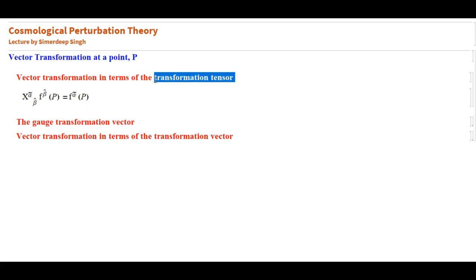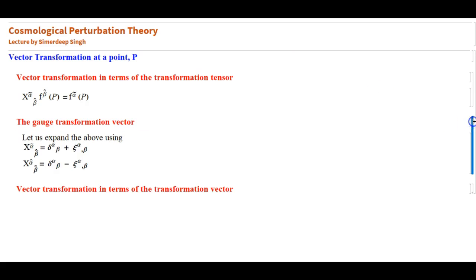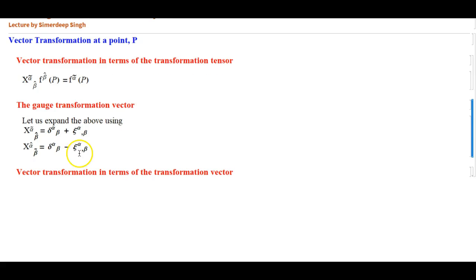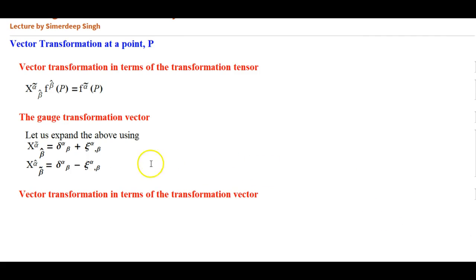So I want to eliminate x alpha tilde beta caret in terms of xi alpha. I am going to use this relationship, this one.